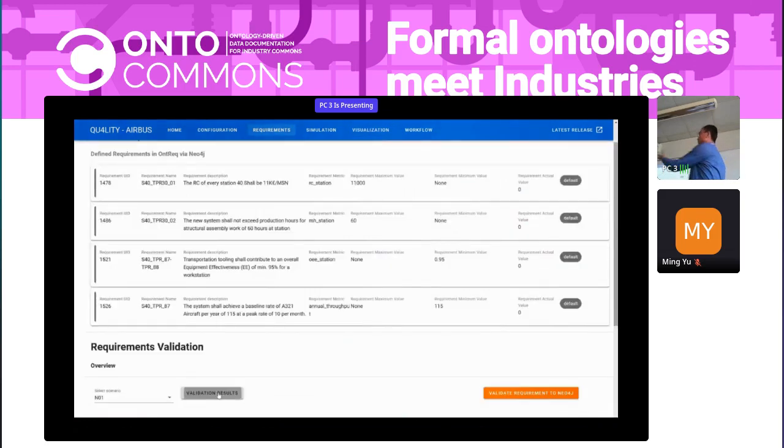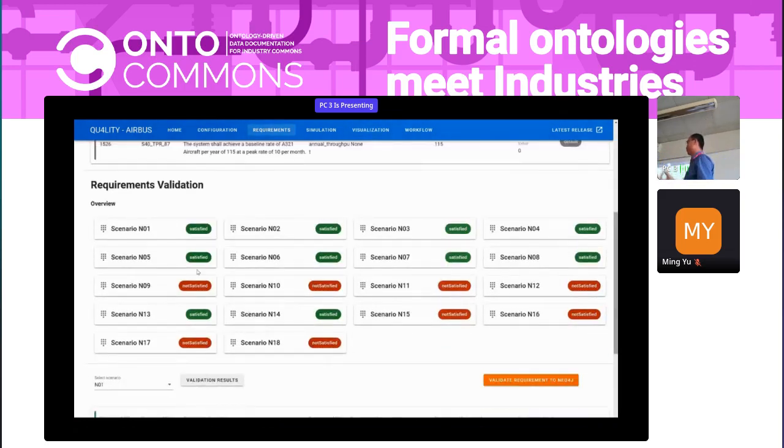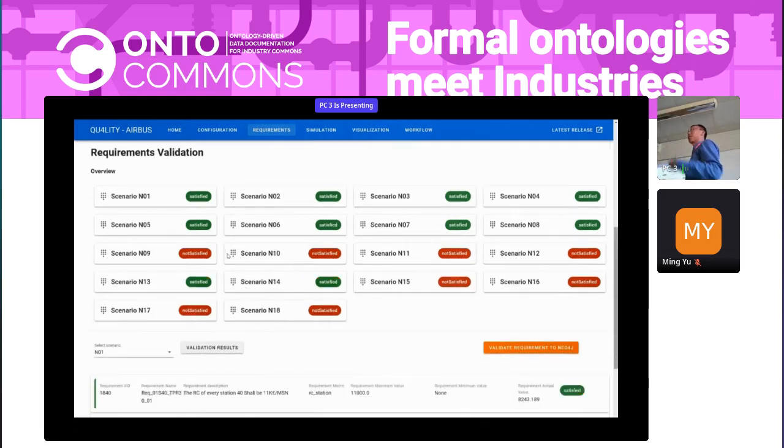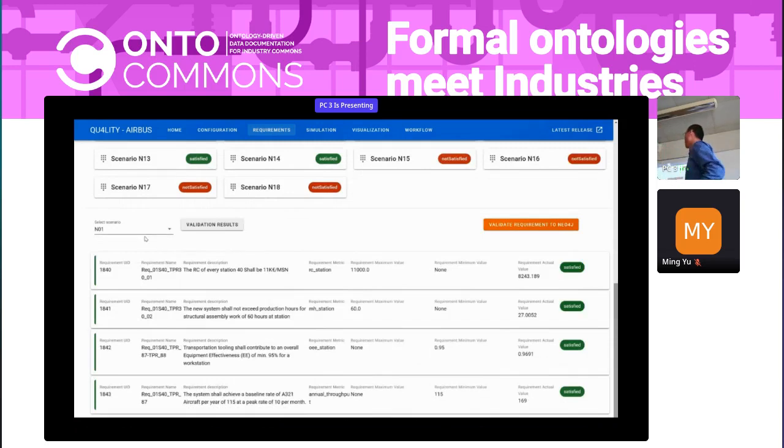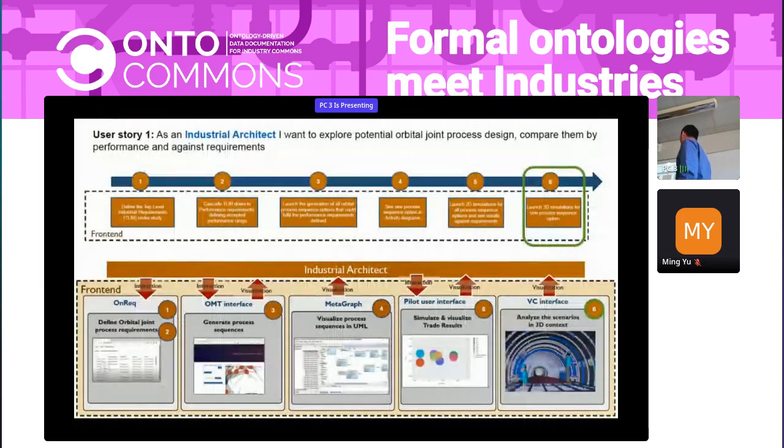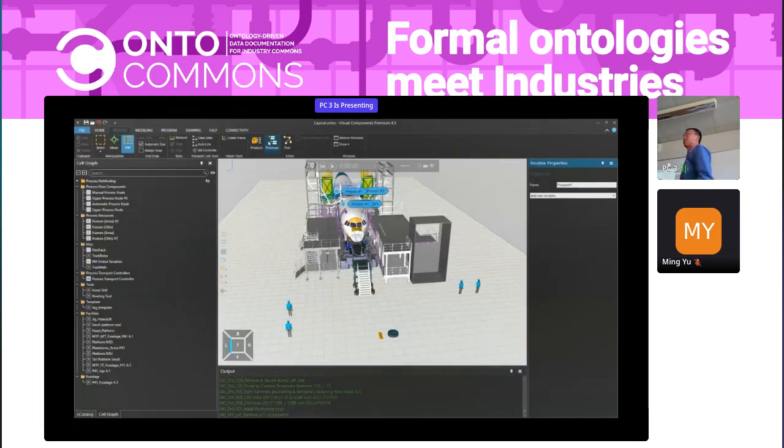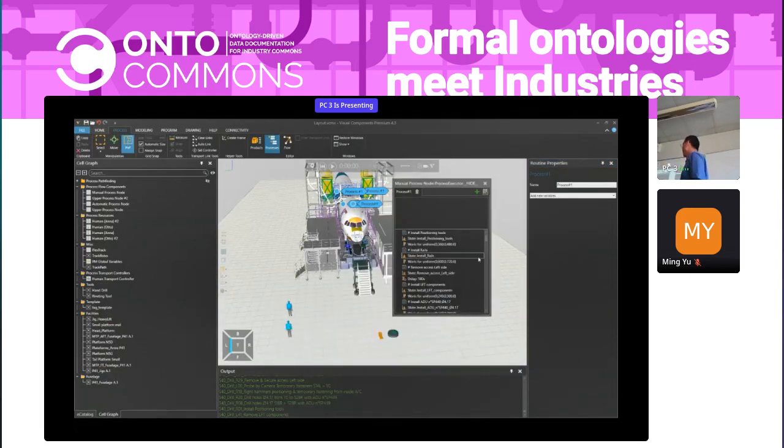Basically, here you can choose which indicator you want to compare. In the end, we will see which solution can satisfy the predefined requirements or not. And in the end, you can choose one or two of them and simulate in the 3D software.